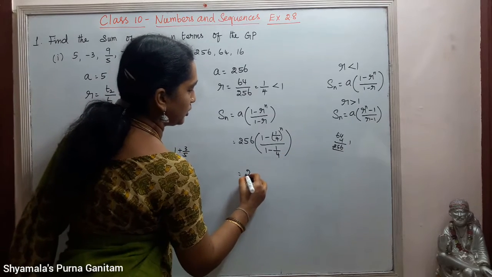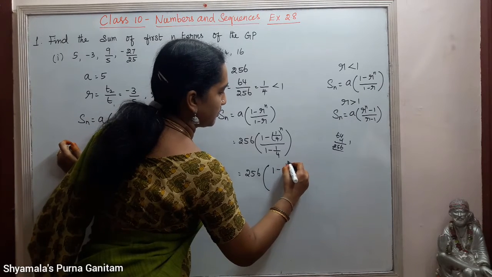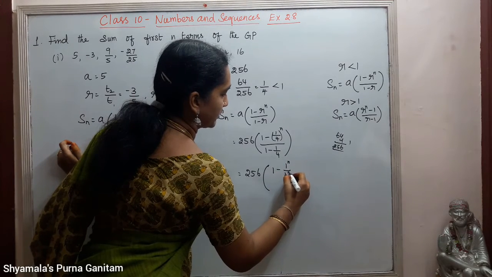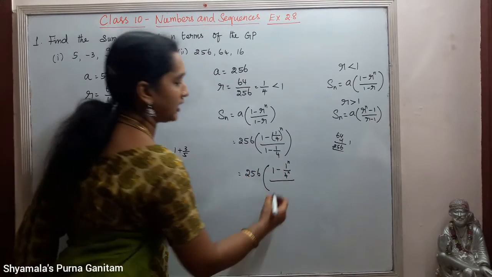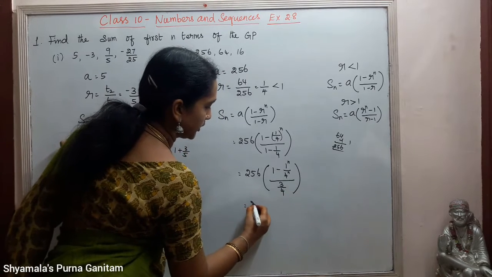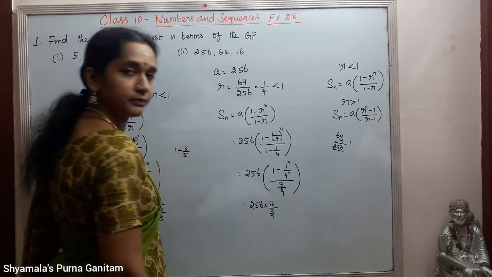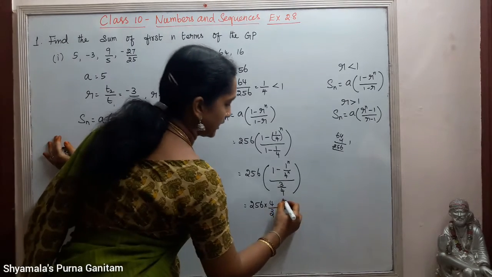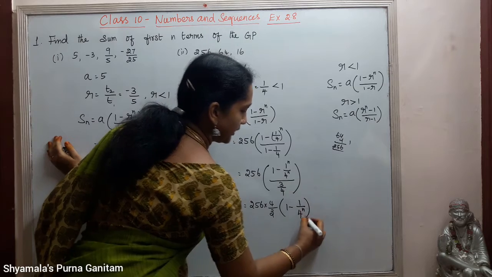So this is equal to 256 into (1 minus 1 power n by 4 power n) divided by 1 minus 1 by 4, which will be 3 by 4. So this is equal to 256 into 4 by 3 into (1 minus 1 by 4 power n).